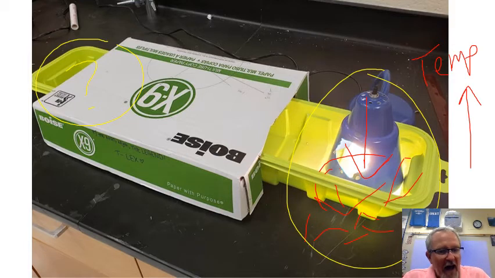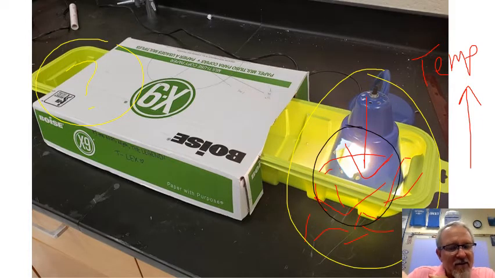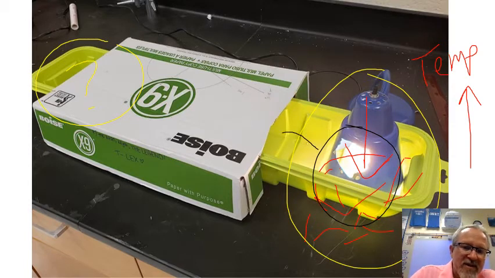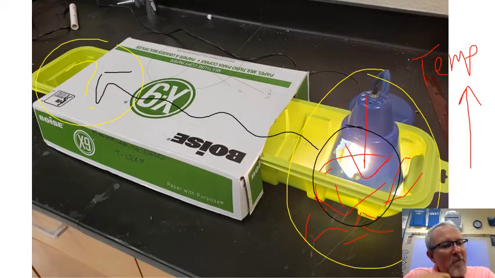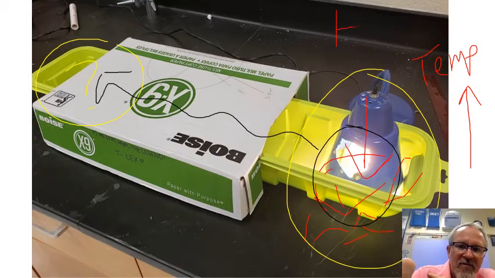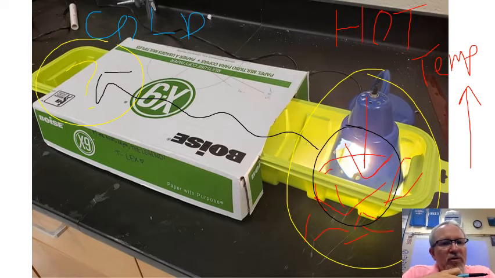Well, here's what happens. The water on this side over here gets hot and it moves a little bit more. So it starts to move over there and it mixes with the water on that side. Well, if you have something hot and you mix it with something cold, you know the cold is going to get a little bit warmer.